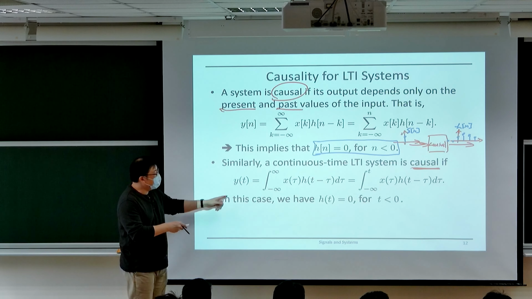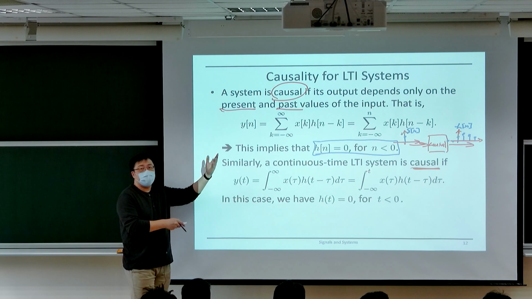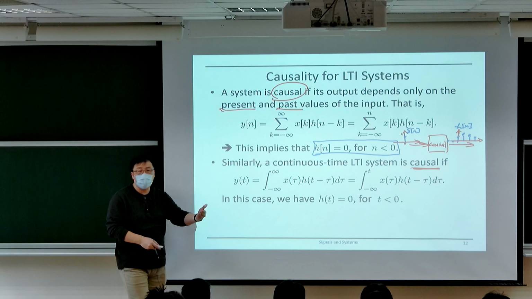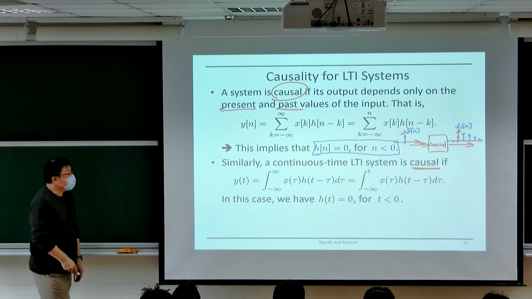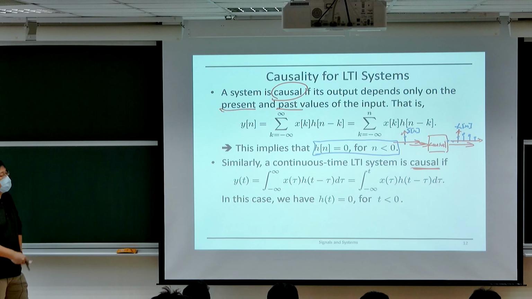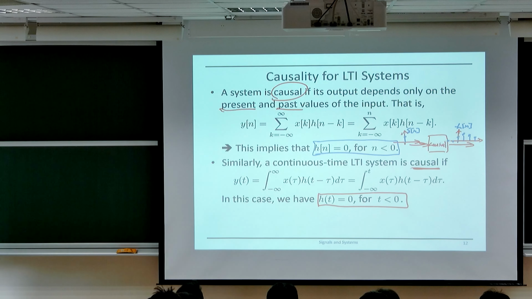Because if you integrate beyond time t, this would mean that the output at time t depends on some x after time t, and this cannot be the case if the system is causal. This implies that the impulse response should be 0 for all negative time. So this is the condition for continuous time.